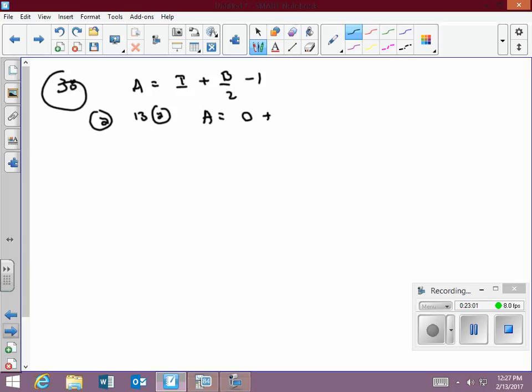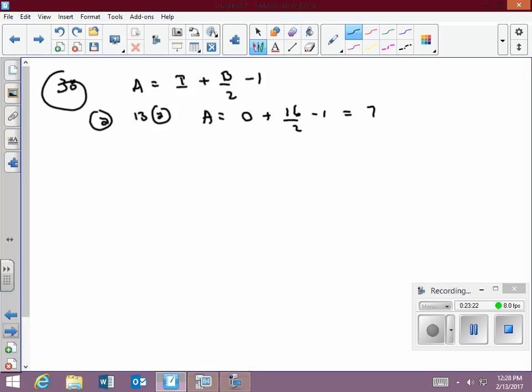There's 16, isn't there? Over 2, and then it's minus 1. So that's 7. I guess it's 7 square units.